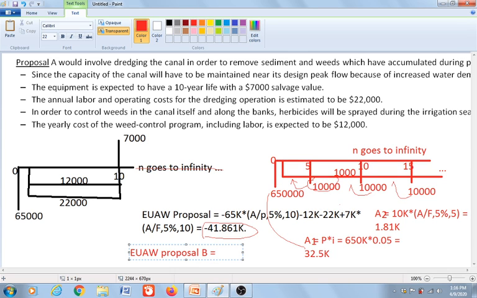So what is the EUAW for proposal B? That will be minus 32.5K, minus 1.81K, and minus 1K, and that will be minus 35.31K.